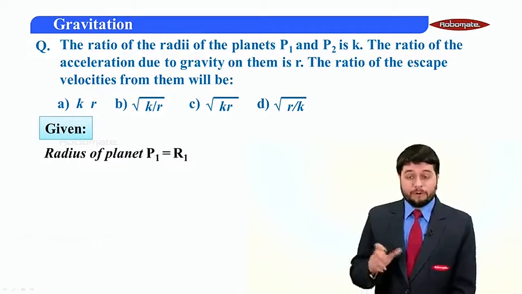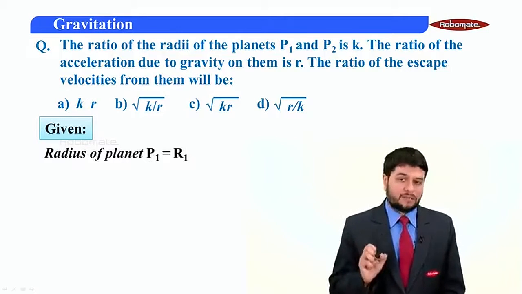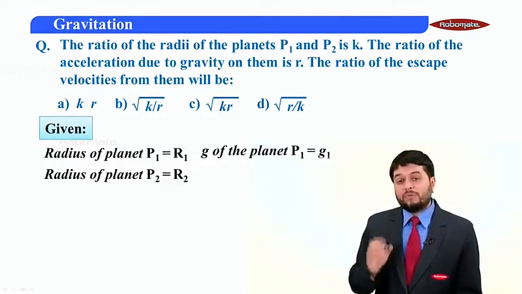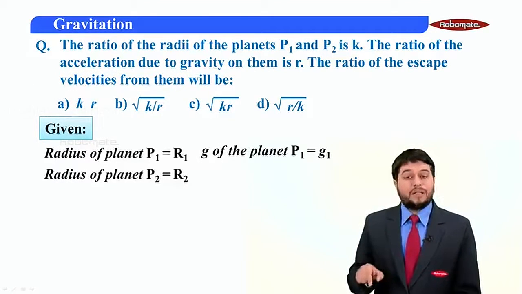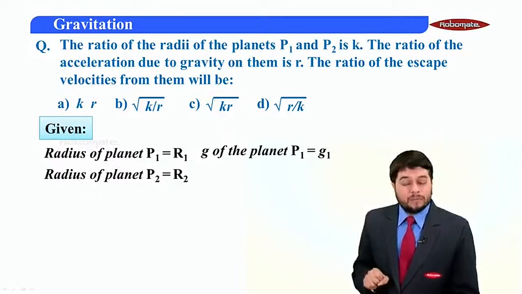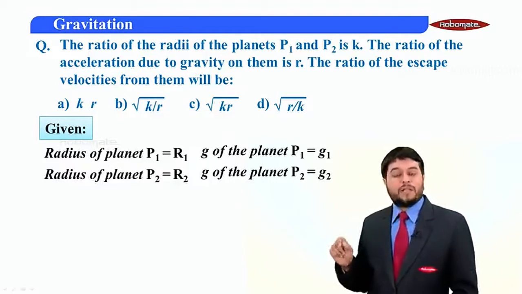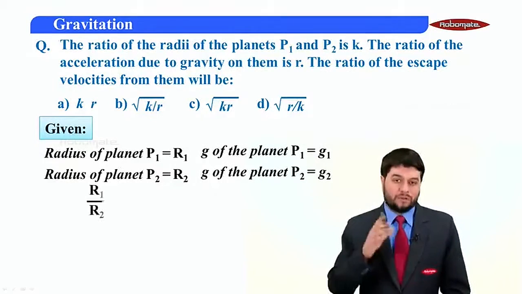But before that, let us assume the radius of planet P1 as r1 and the radius of planet P2 be r2. Let acceleration due to gravity of the first planet P1 be taken as g1 and that of the second planet P2 be taken as g2.